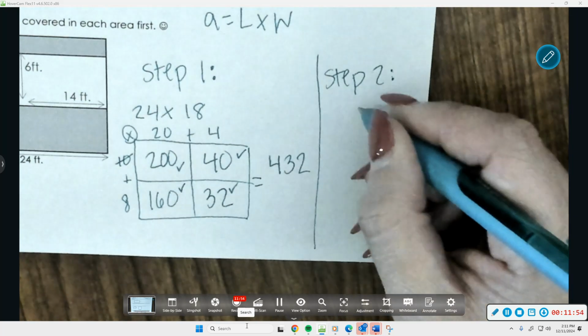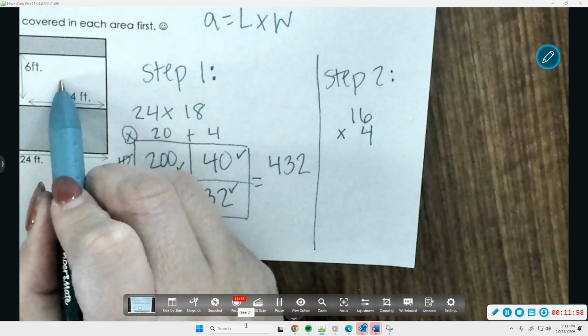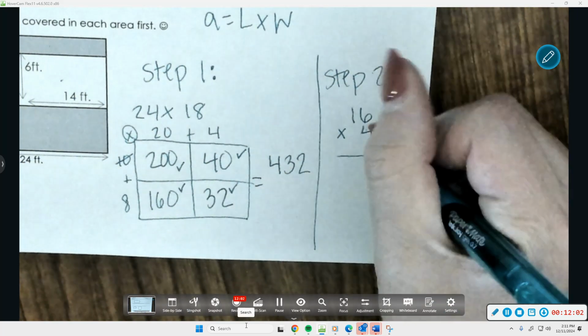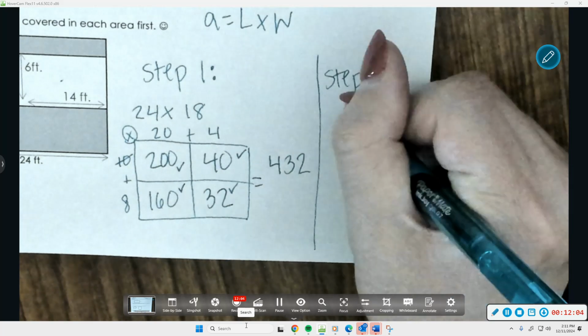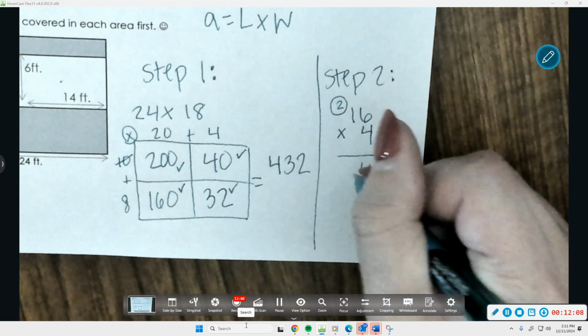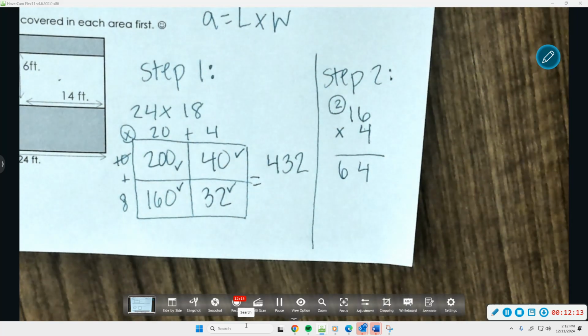All right, so I'm going to do an algorithm with this rug because when I'm doing a 2 by 1, it's pretty easy for me. So I know that 4 times 6 is 24. 4 times 1 is 4, plus 2 gives me 64. Again, another what?